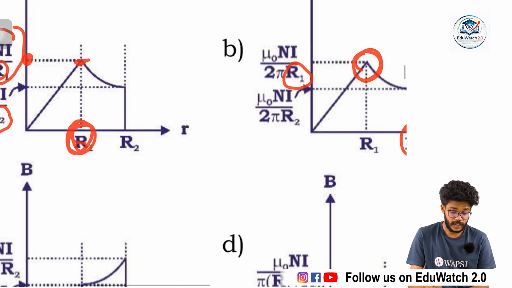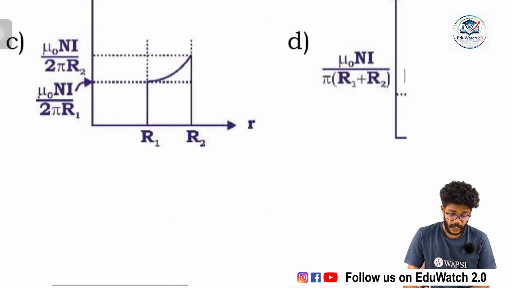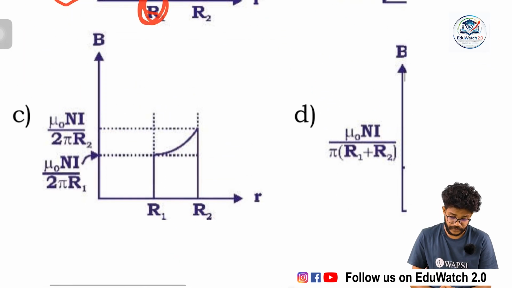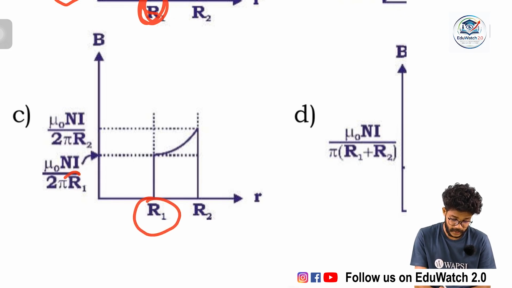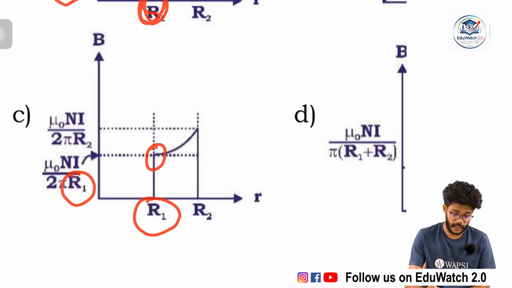So option A is incorrect and option B is incorrect. Logically, R1 is greater, and R2 is comparatively less, so 1 by R2 gives comparatively high.